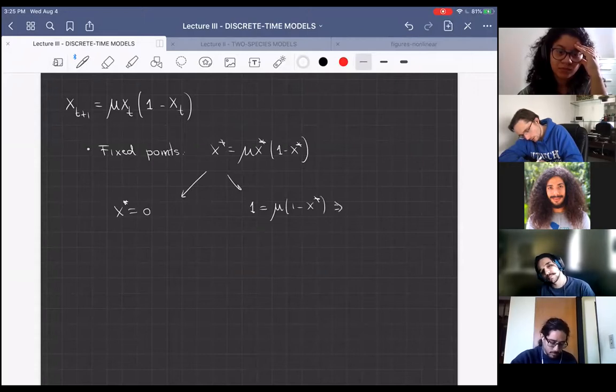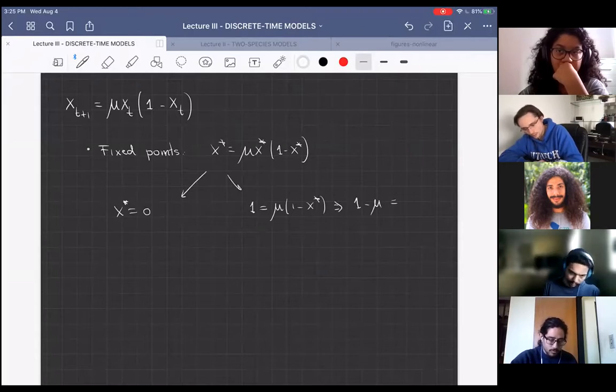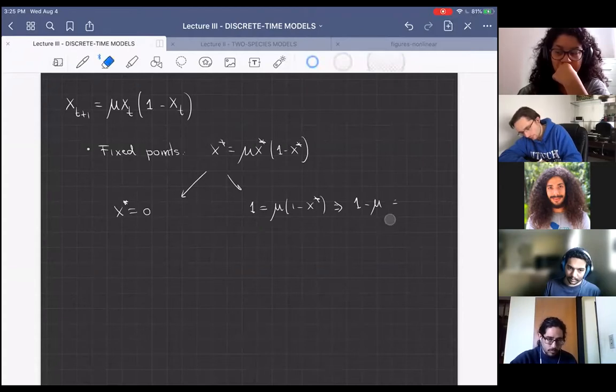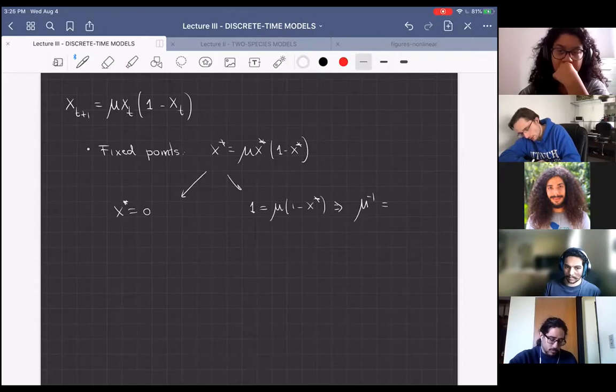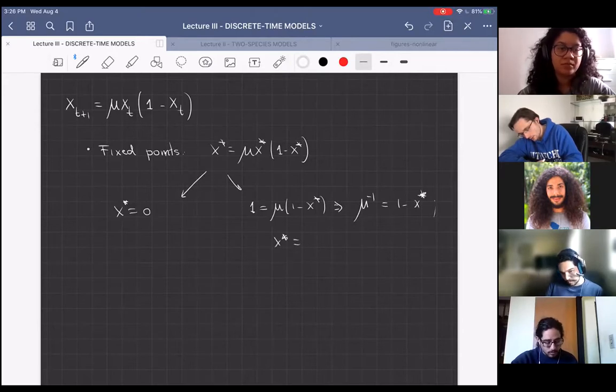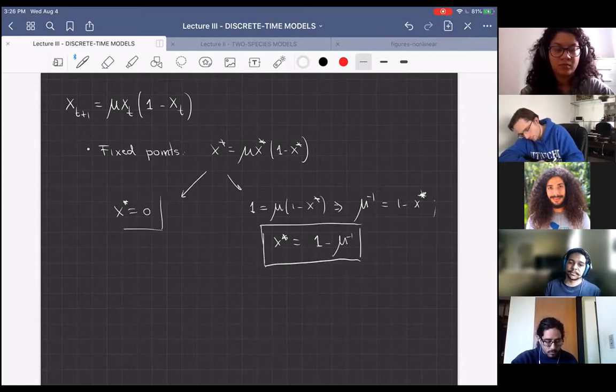So mu minus 1 is going to be mu times x star, so x star is going to be 1 minus 1/mu, which is (mu minus 1)/mu. These are the two fixed points that I have.